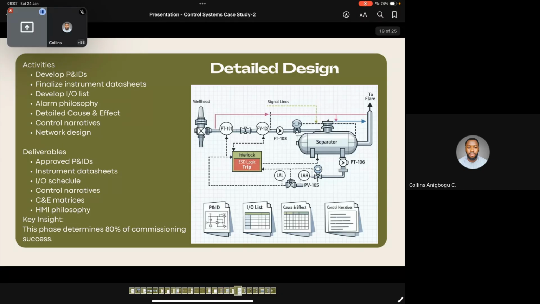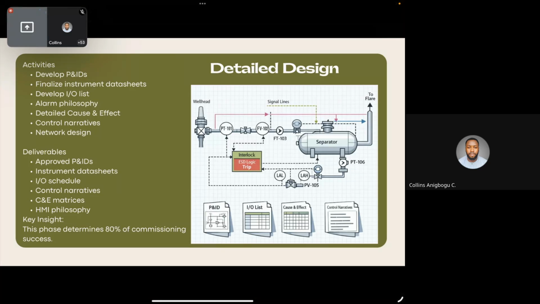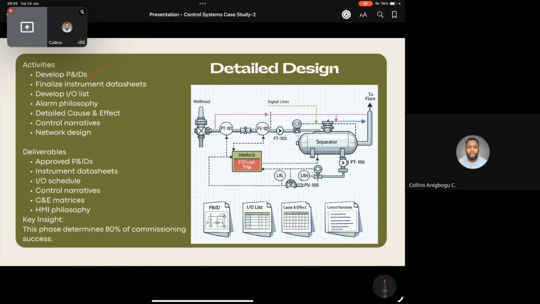So once you are done with FEED, you now go into what we call detailed design or detailed engineering. Detailed design, detailed engineering design, or detailed engineering, whatever it's called. But the bottom line is here is where you now develop your detailed P&ID.